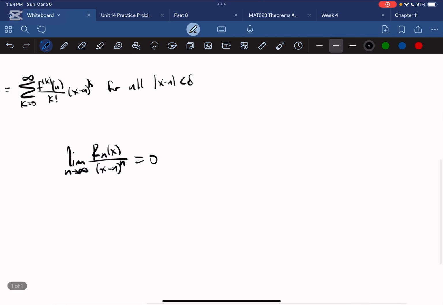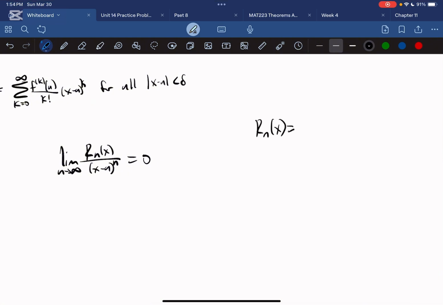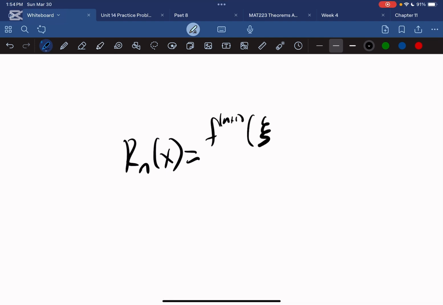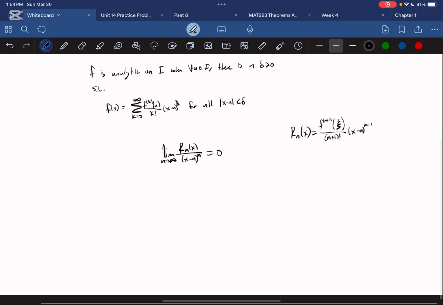And we know Rn of x is equal to whatever the remainder theorem said, which was something crazy. It was f to the n plus 1 of whatever that guy is over, what was it, n plus 1 factorial times (x minus a) to the n plus 1, right?